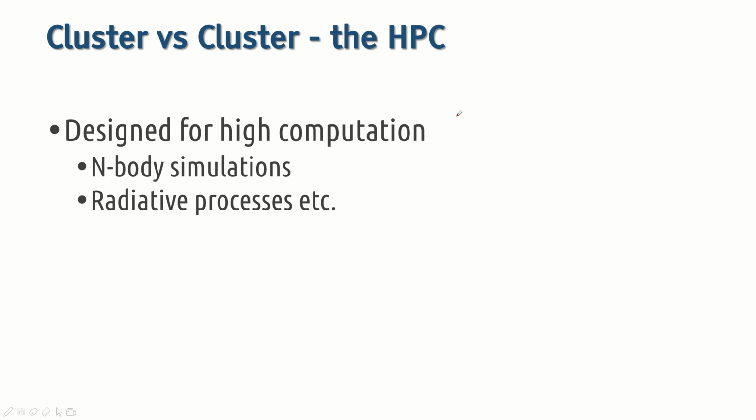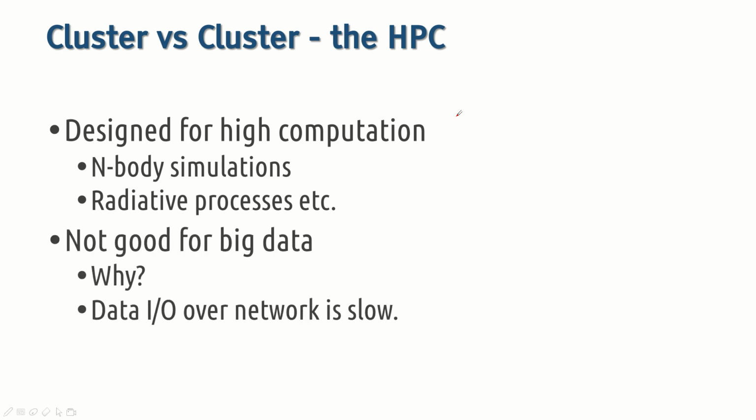Similarly, you want to understand the radiative processes happening within, say, an active galactic nucleus or on the surface of the sun or whatever. These are also not easy to solve analytically, therefore you have to solve them numerically. So all of these use cases require very high computing power, and this is what the HPC is designed to do. But it is not good for big data.